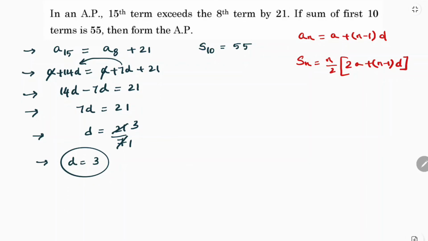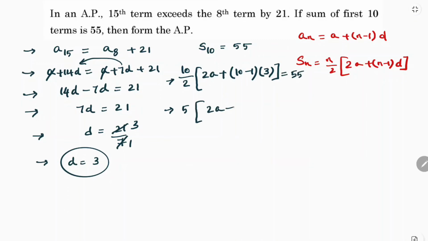Now if I substitute the values here, S10, 10 by 2, 2a, we don't know the value of a, 10 minus 1, d value we know that is 3. 10 by 2 is 5 equals 55. So 5 into 2a plus 9 times 3 equals 55.